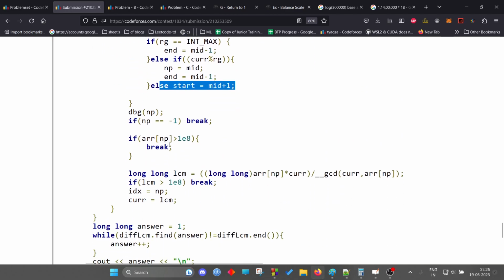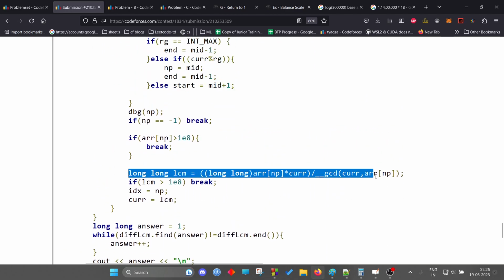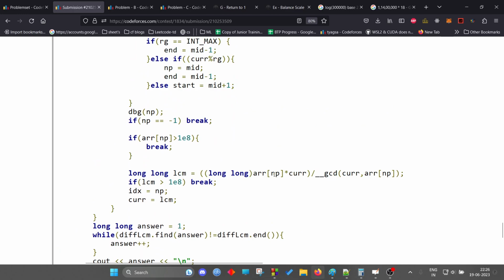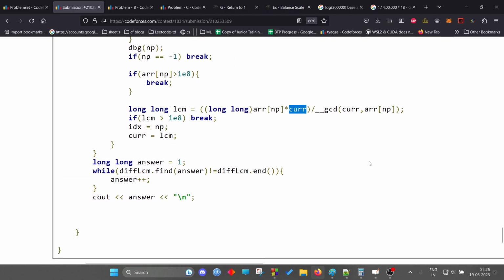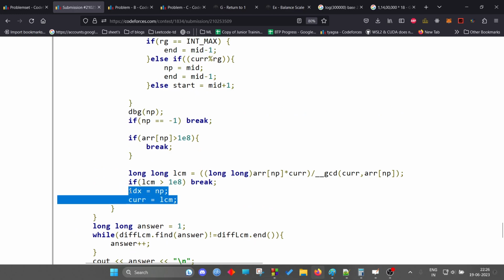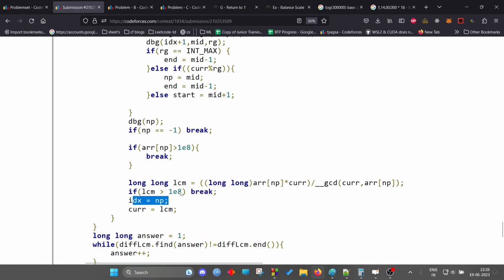And then we compute the new LCM, as np is basically the j where the LCM changes. So only that element will be used, and the old LCM will be used to compute the new LCM. And then we update our index, and then we want to search to its right.